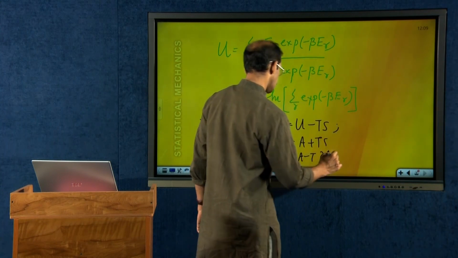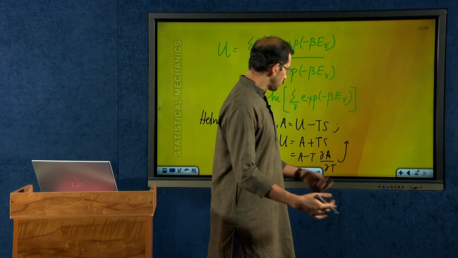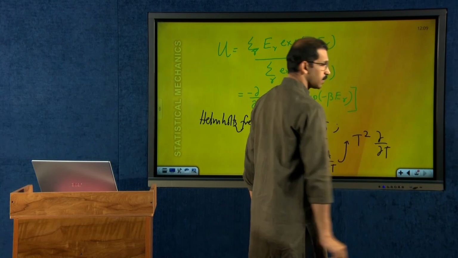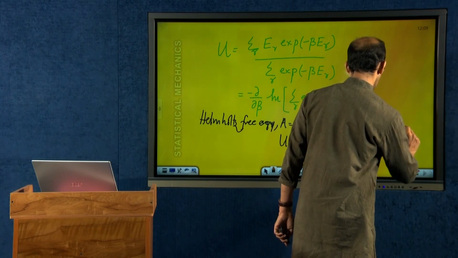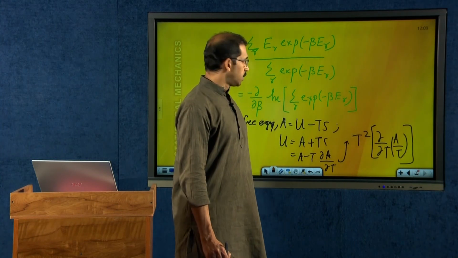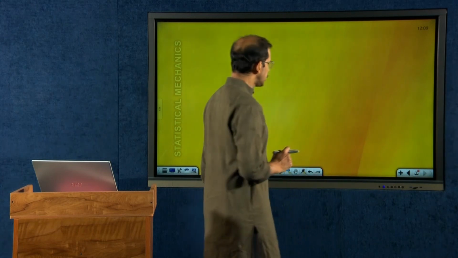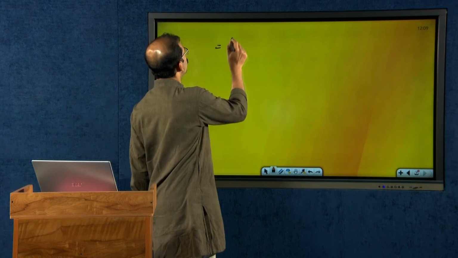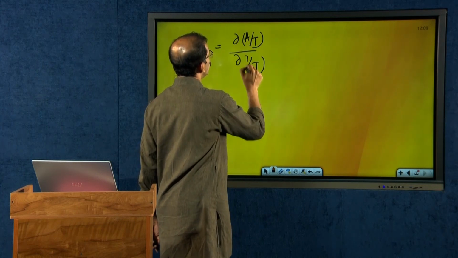This differential can be rewritten as equal to T squared into dou by dou T of A by T. Again, T squared into dou by dou T of A by T can be written as equal to dou of A by T divided by dou of 1 by T, right.